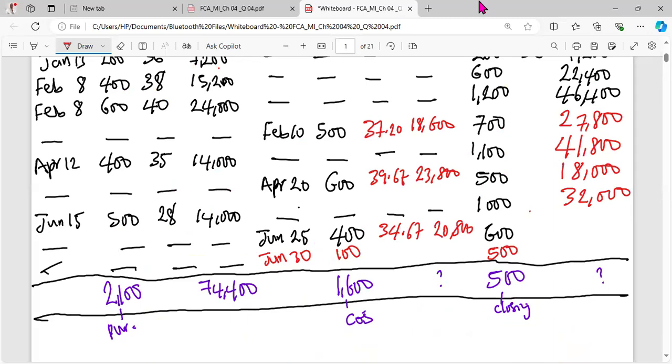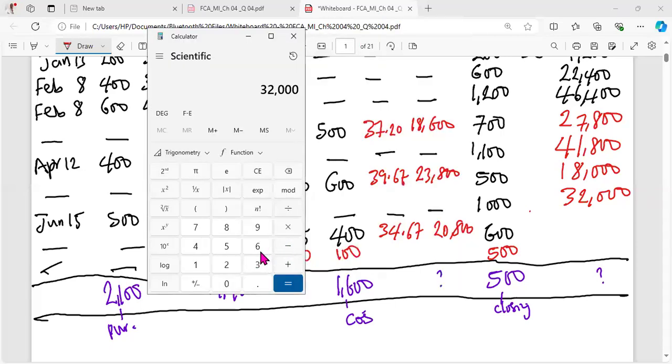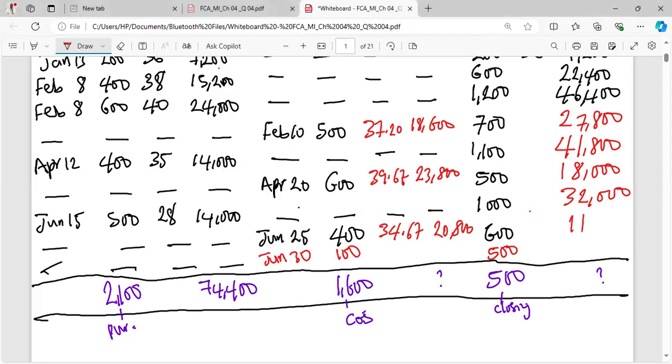What would that be? 32,000 minus 20,800. That gives us 11,200. So we have here 11,200.